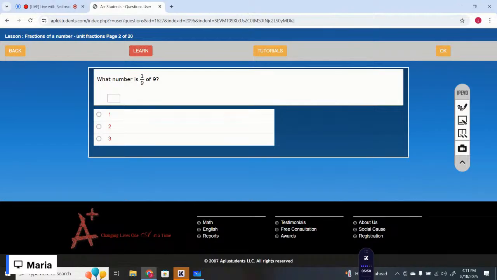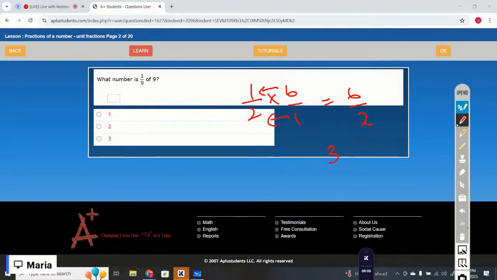What number is 1 by 9 of 9? So 1 by 9 of 9 means you have to do 9 times 1 is 9 and 9 times 1 is 9.